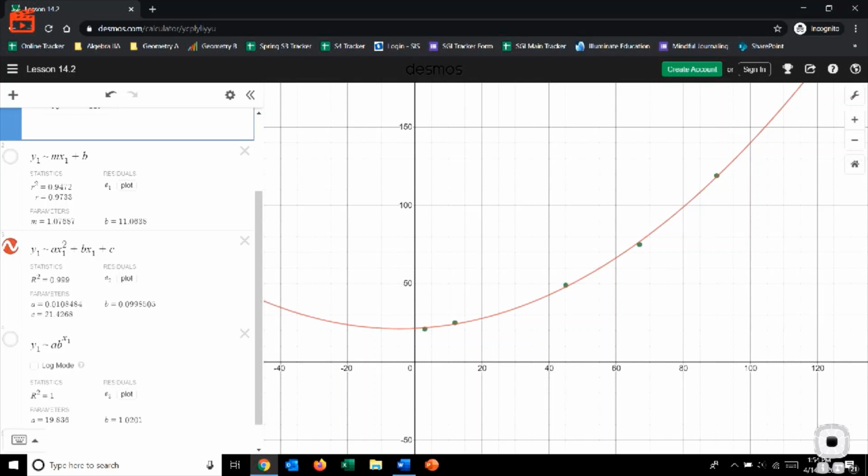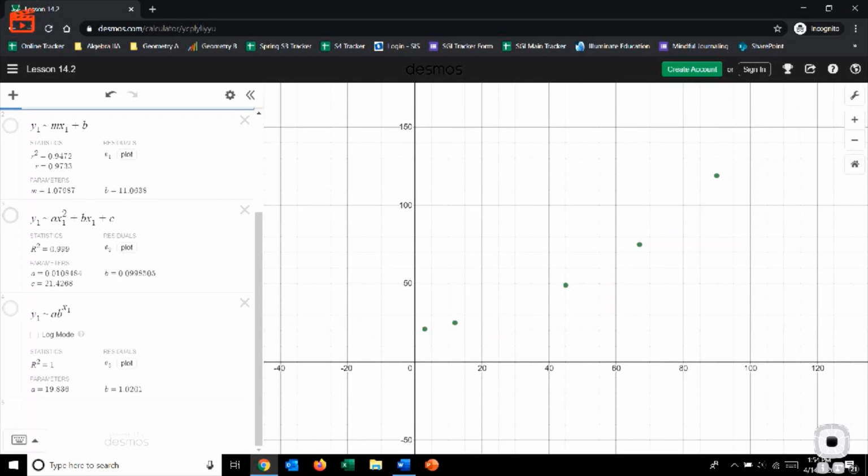But now, what if we look at the exponential graph? This one is perfect. Each point is on the line. And if we look at our r squared, that is equal to 1. So you would actually choose the exponential function for these data points.